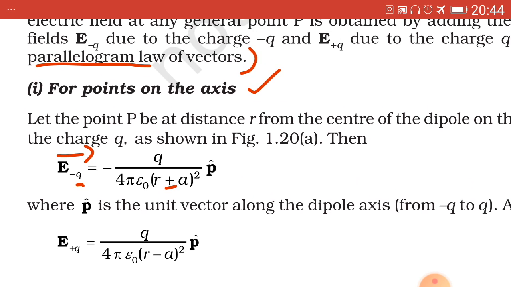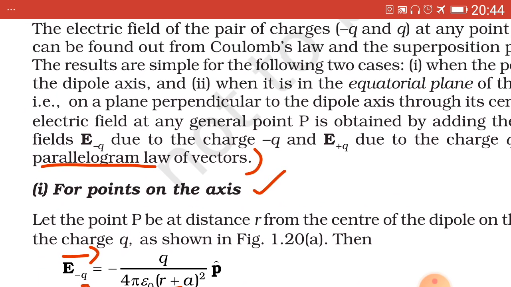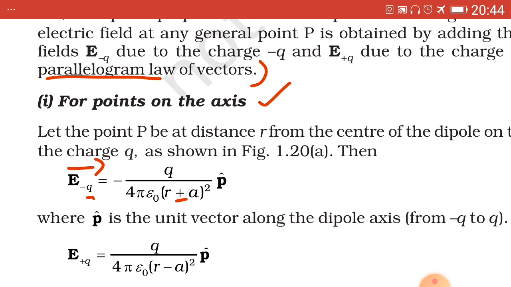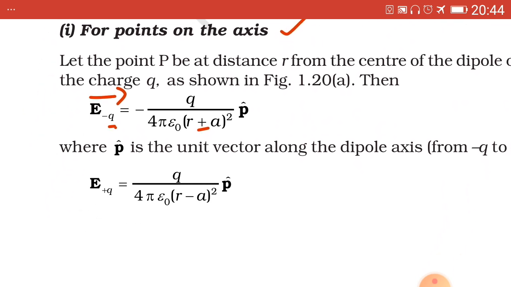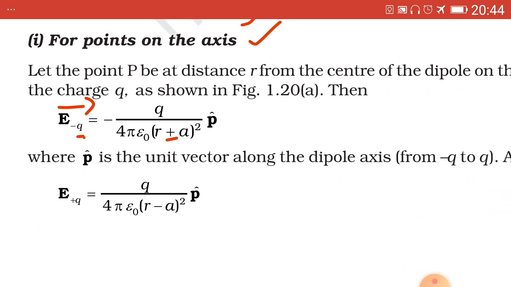Then vector E at minus q equal to minus kq upon r square, that is the general formula, which is equal to simplified form minus q upon 4 pi epsilon 0 into bracket r plus a the whole square into p hat, where p hat is the unit vector.